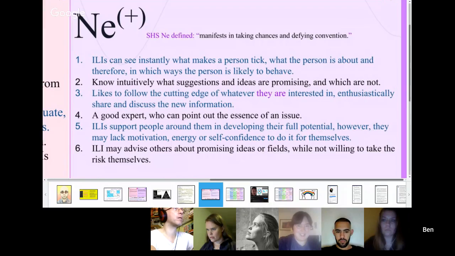Right. What do you think of number two, Enrique? Know intuitively what suggestions and ideas are promising and which are not. Maybe I wouldn't say no, but I think of it in terms of probability.